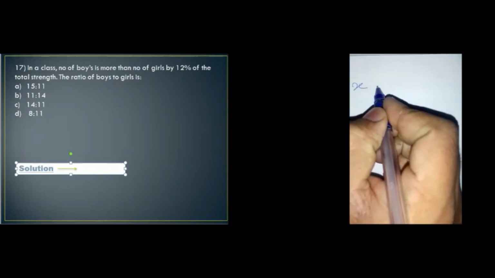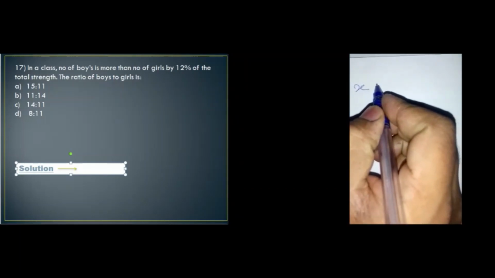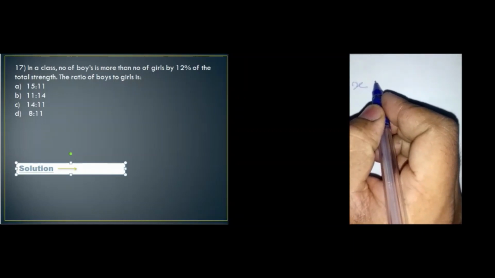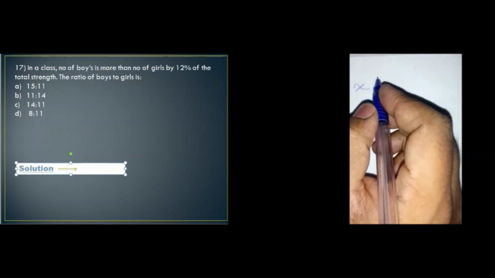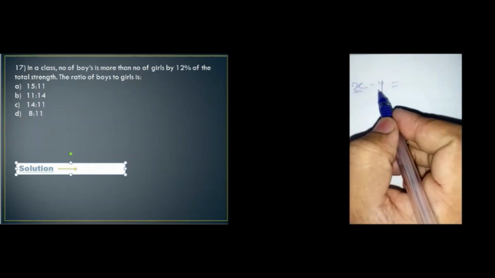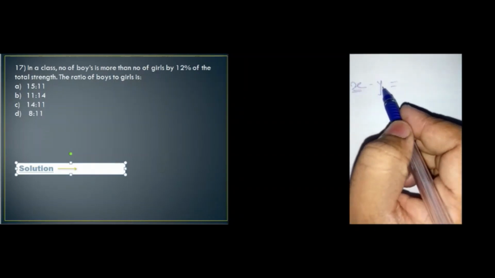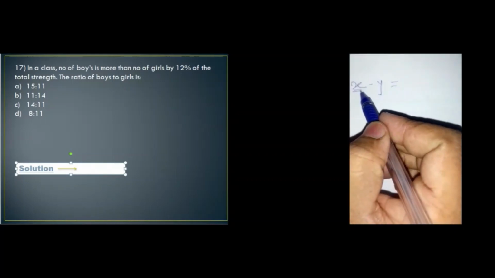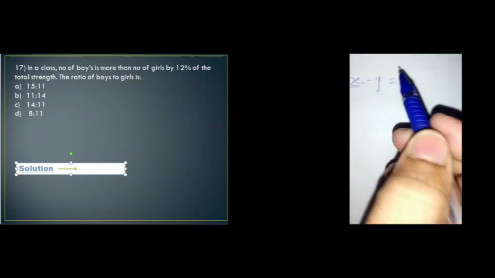It has been said that the number of boys is more by 12% of the total strength than the number of girls. So if we consider x as the number of boys and y as the number of girls, this x minus y difference, that means number of boys minus number of girls, is 12% of the total strength.